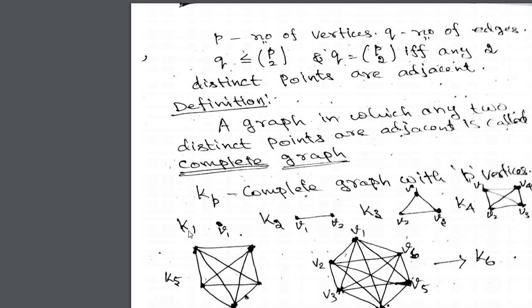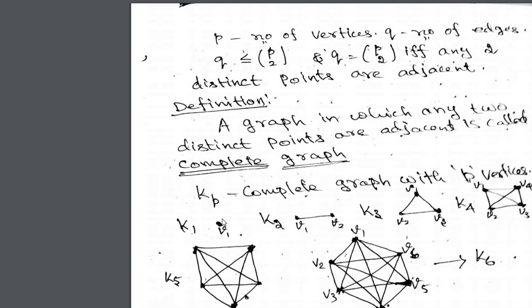Now these are examples of complete graphs. First, K1 means a complete graph with one vertex. So only one vertex, and there is no edge here, because the definition says that any two distinct points are adjacent.